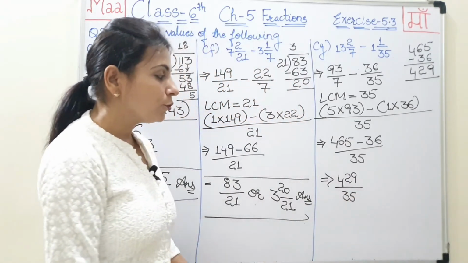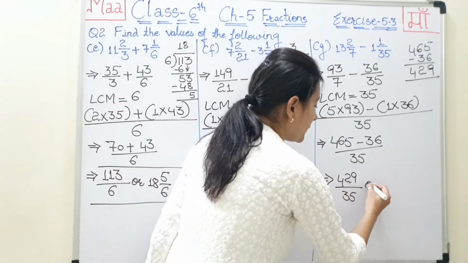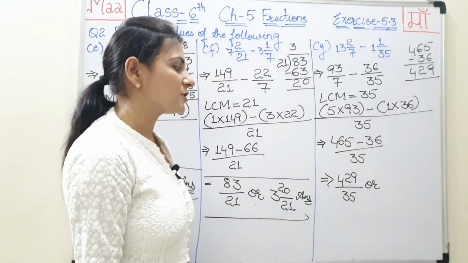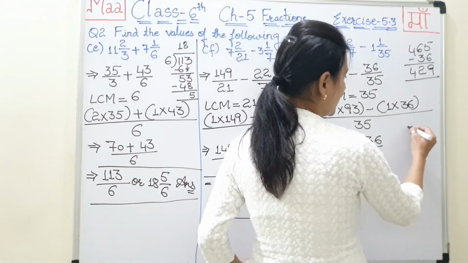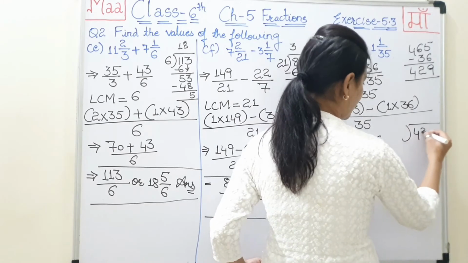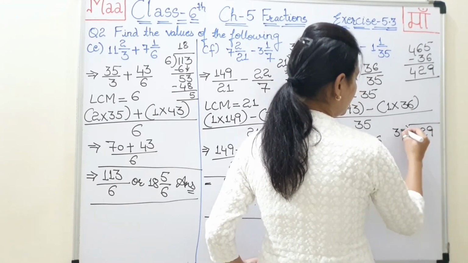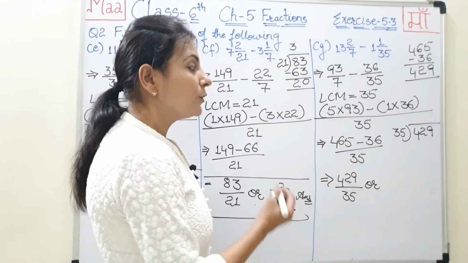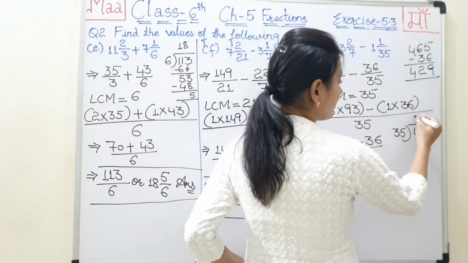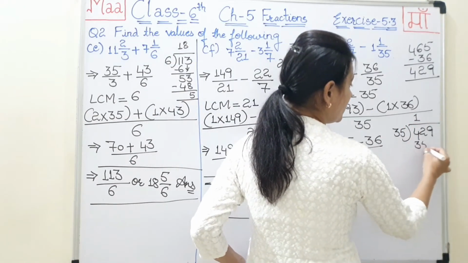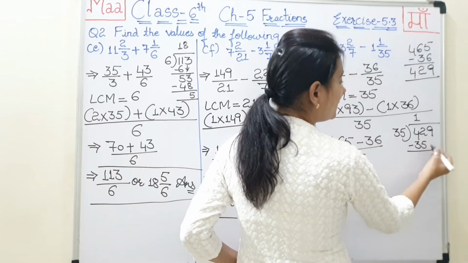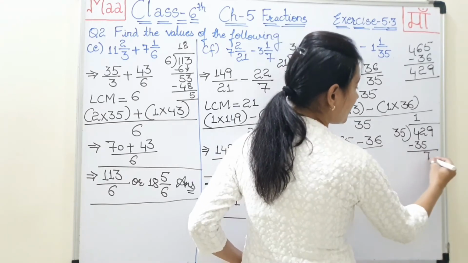Now we have to convert this 429 into mixed fraction. So mixed fraction में convert करने के लिए हम क्या करेंगे? 429 को हम divide करेंगे 35 से. So 35 ones is 35. So we will write here 35. Then subtract it. 12 minus 5 is equal to 7.